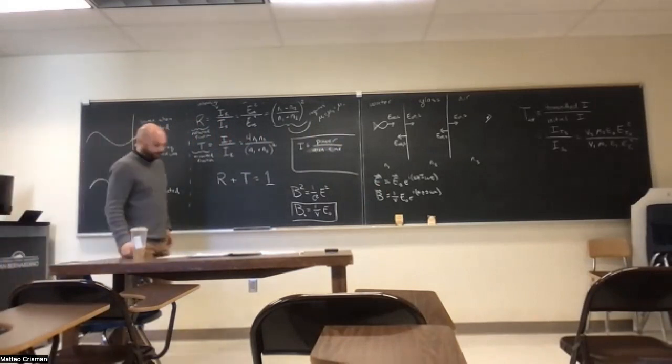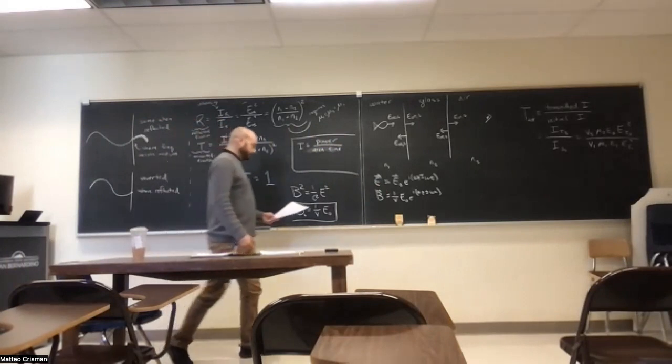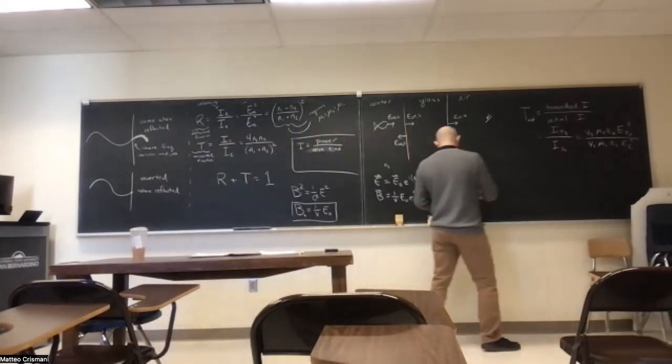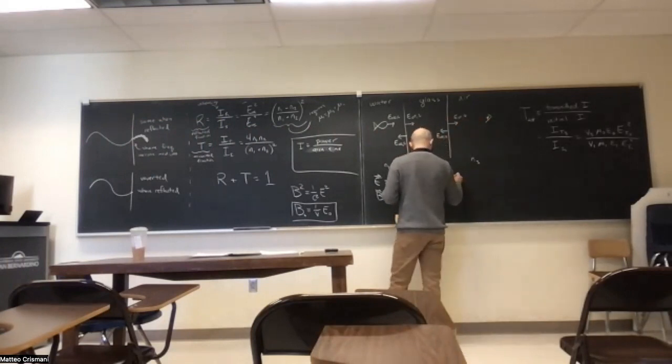Read these, for the perpendicular one and then the parallel one. Okay, well, tell me the parallel one first. For E, E1 equals E2 at the boundary.